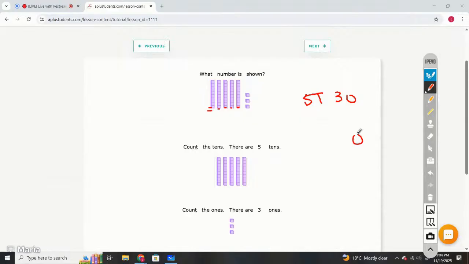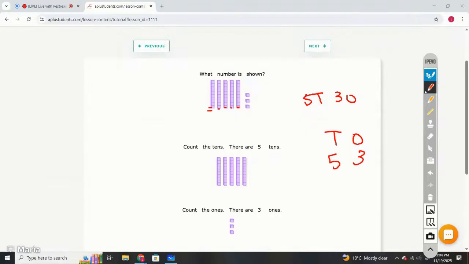When we are going to write down the digit, the rightmost digit is the digit that is at the ones position, and then the tens. So 3 is the digit that is at the ones position. We have 3 ones and 5 tens.